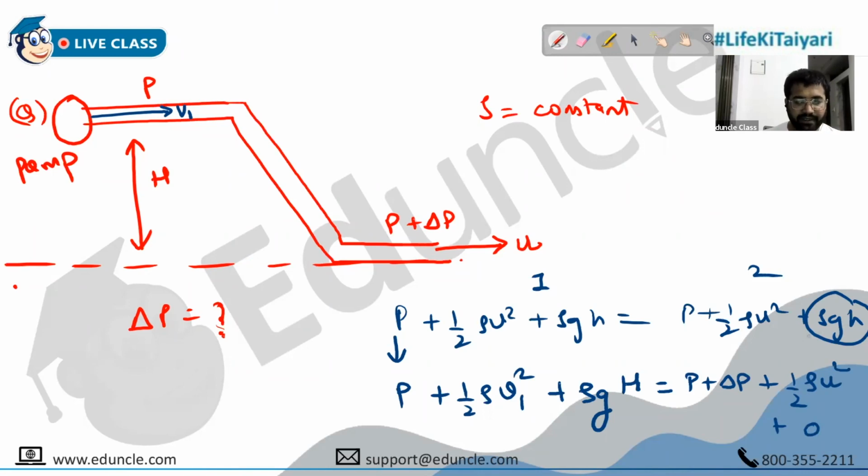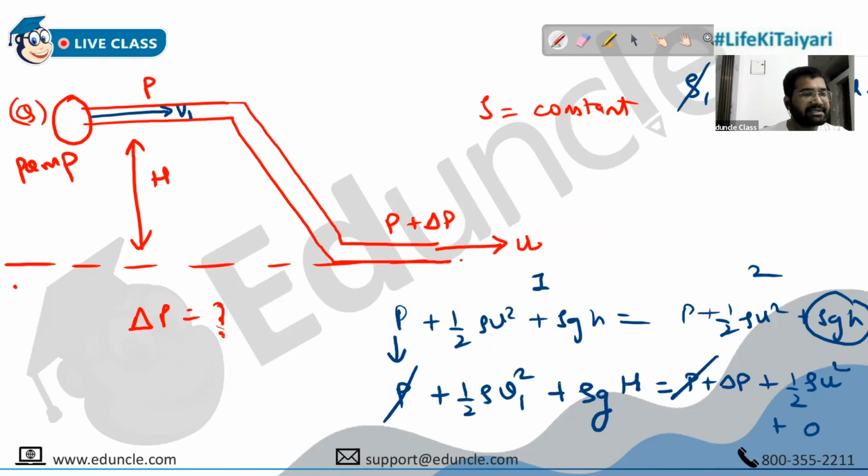Okay. P and P get cancelled. What is the relationship between V1 and U? Can you tell me? We can use that equation of continuity here. Perfect. So rho 1 A1 V1 will be equal to rho 2 A2 V2. Density is constant.